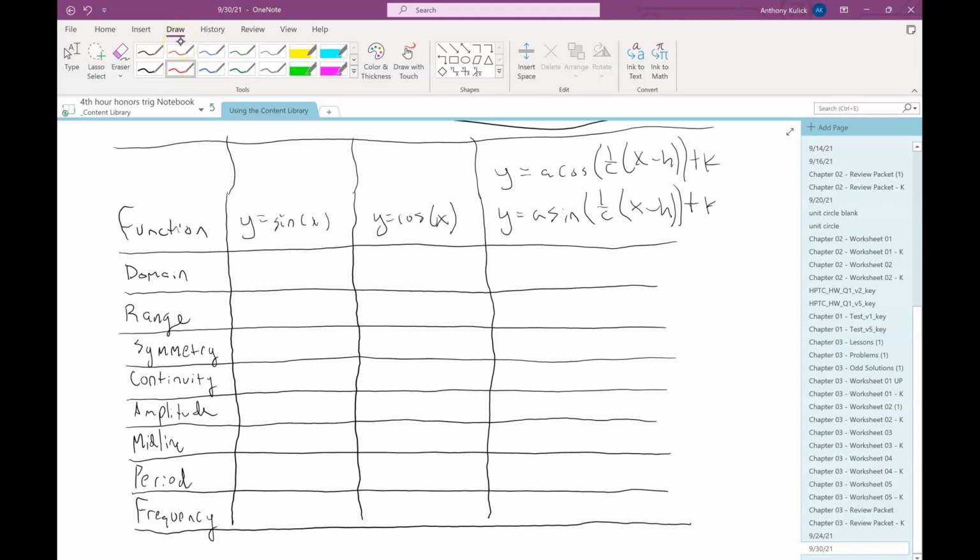You guys ready to start filling some stuff in, to give you enough grid building time? Okay. So first things first, the domain of sine. If you remember, one of the big accomplishments from last chapter is that we took our definition of sine and moved it outside of the right triangle and onto the unit circle, right?